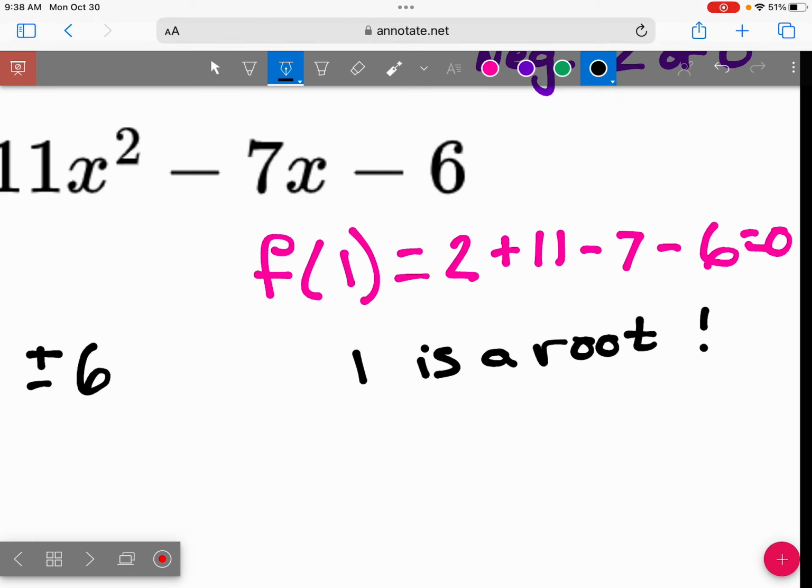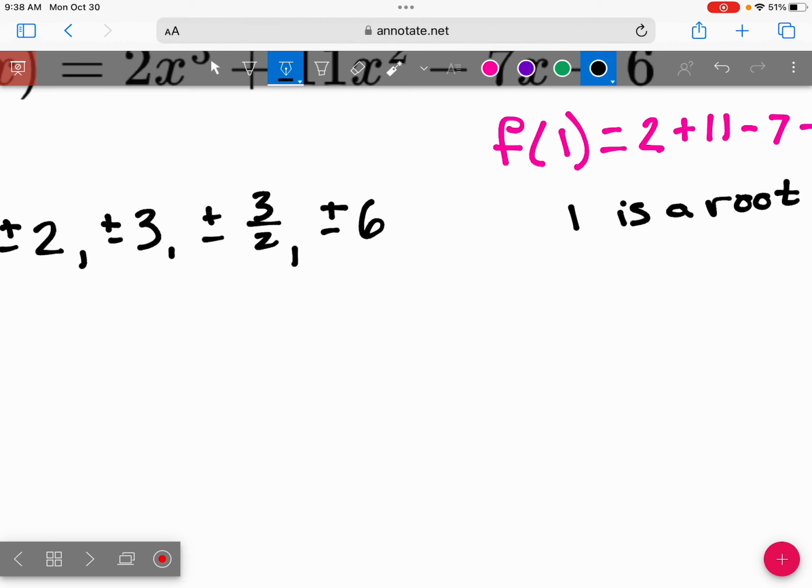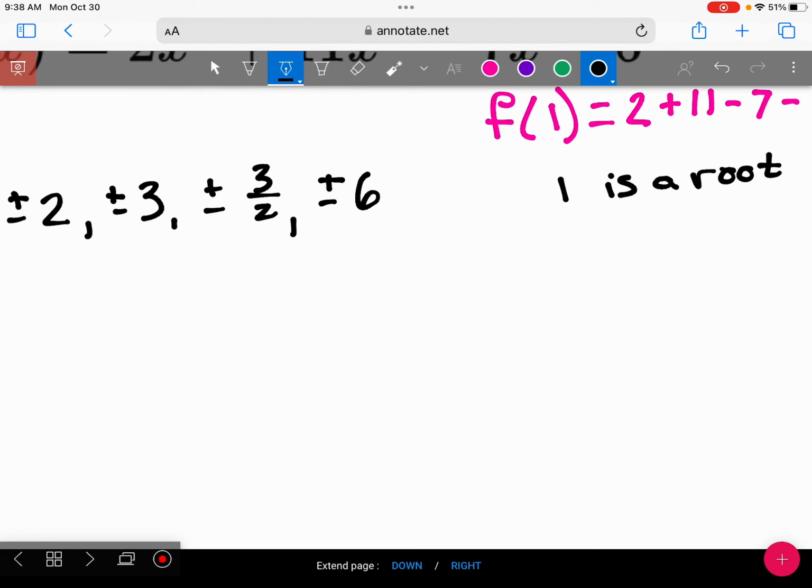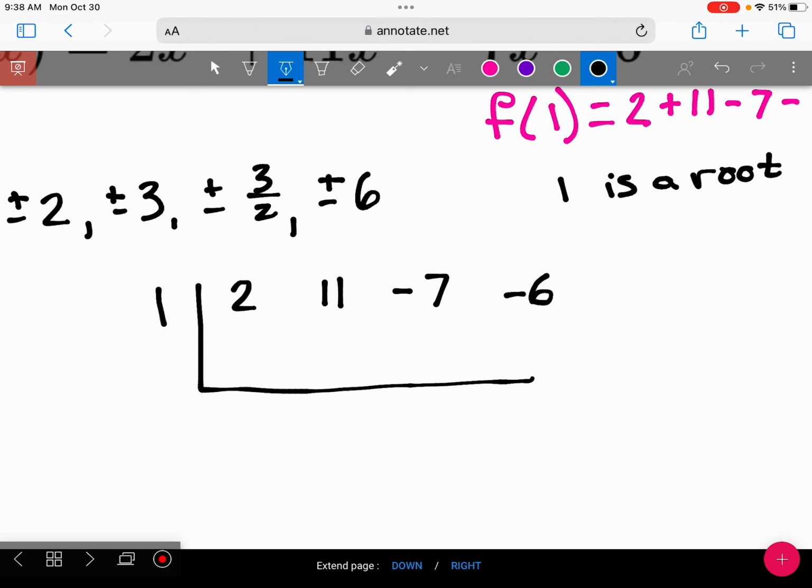So we're going to divide the 1 out of our function. So I'm going to do my synthetic division. You could do long division, but long division is longer. So I'm going to take my 1 into all my coefficients. 2, 11, minus 7, minus 6.